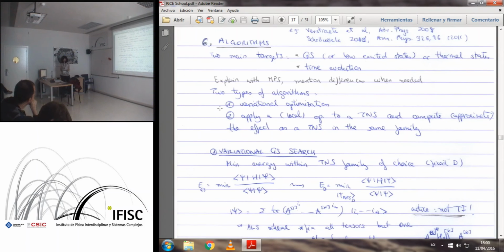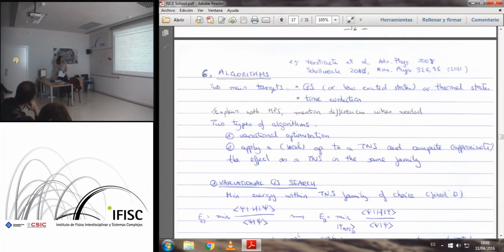All the explanation I developed here with MPSs, in principle you can do basically the same things with PEPS at a higher cost, with the problem that the contractions have to be approximated. But if this approximation works, in principle you can run the same algorithms, only they will be much more costly.